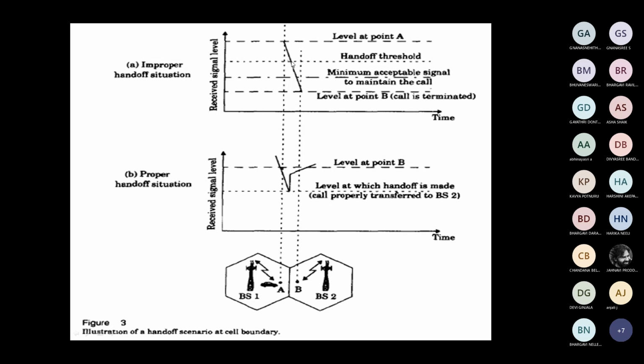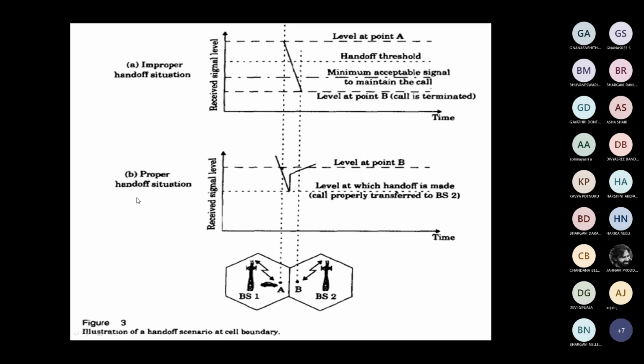Once the mobile unit reaches the handoff threshold value, the first handoff can be raised. If no channel or other base station signal is allocated, then it goes to the minimum acceptable level to maintain a call. After that, whenever the mobile unit reaches B and handoff is not done, the call will be terminated. See this one, the call should be terminated.